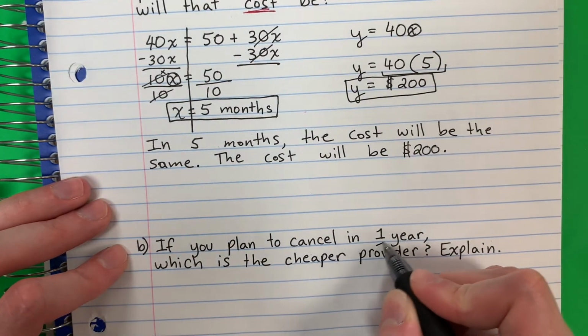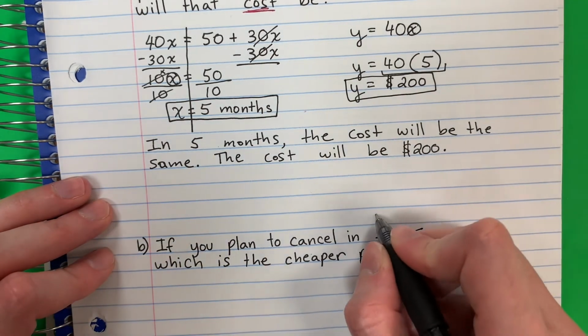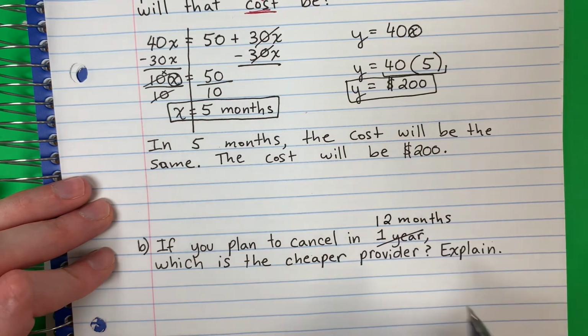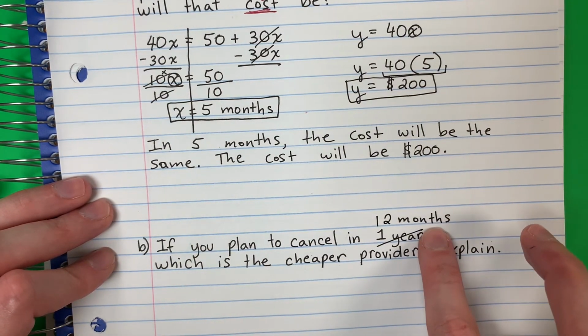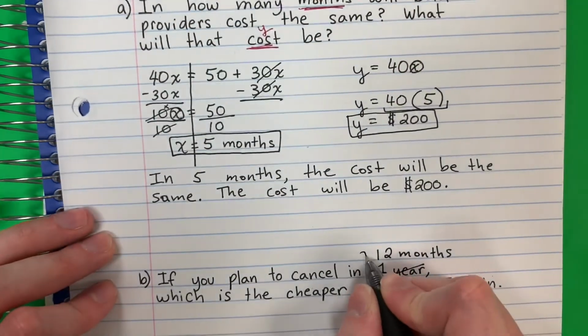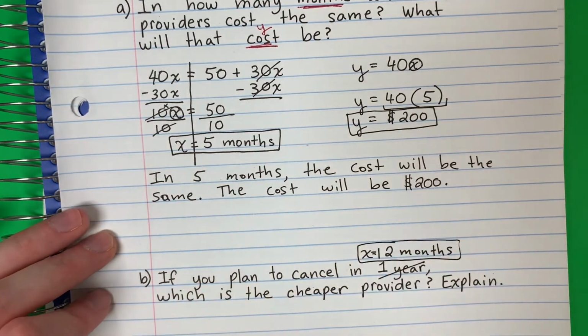How many months in a year? ¿Cuántos meses en un año? 12 months. So I'm going to use 12 months. What is months? ¿Qué es meses? X. So this is X equals 12. Voy a usar X es igual a 12.